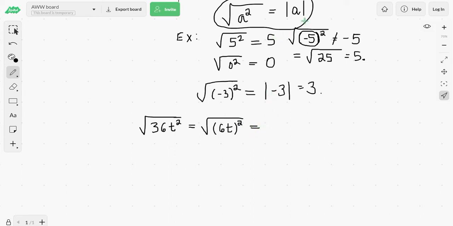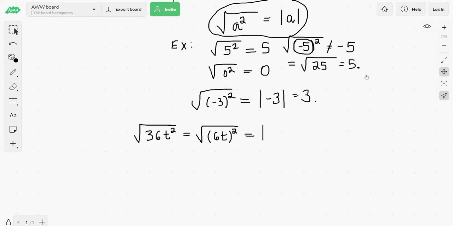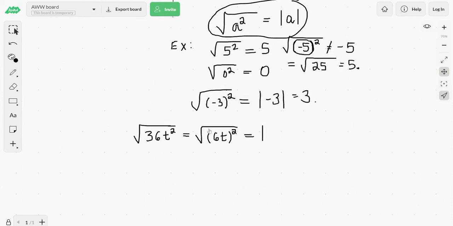And now we just use that rule. This is the absolute value of the thing that you're squaring. That's the rule above. It's the absolute value of a. And in our case, a is 6t. So we just got the absolute value of 6t. And if we want, we can actually write this as 6 times the absolute value of t.